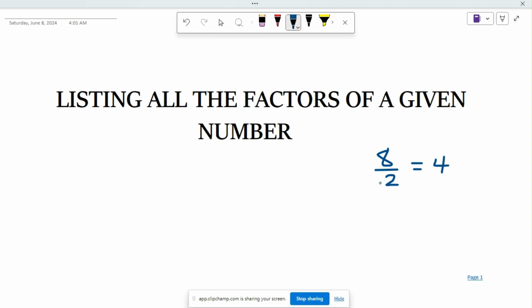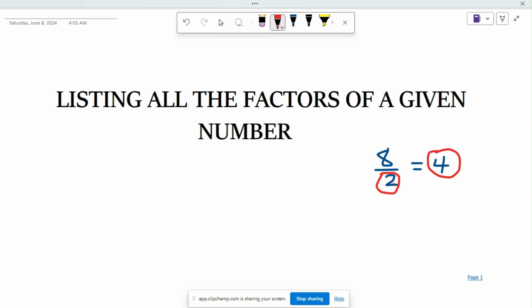And then I said that 2 is a factor of 8. Why? Because as we divided 8 by 2, it gives us another whole number, which is 4.